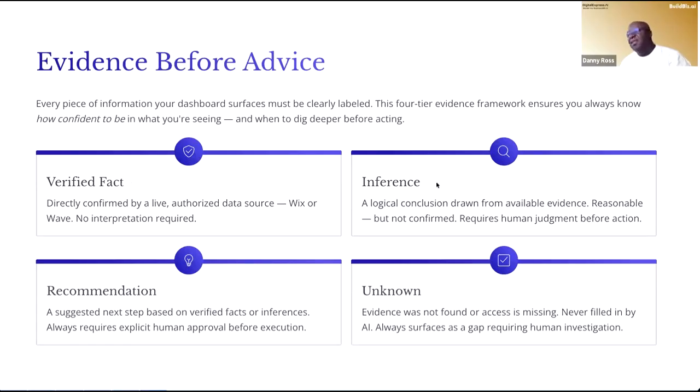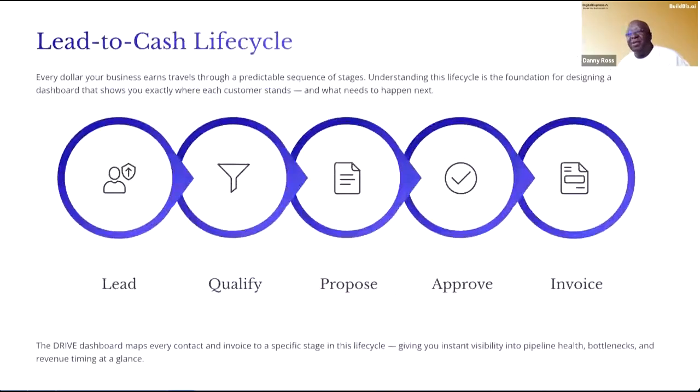This is a fact. Then it can make an inference, a logical conclusion, if you will, give a recommendation. And then if it is something that it is not 100% sure of, it's not a fact, and it hasn't made that logical leap in inference, you just want it to be presented as unknown. You don't want it to make things up. That's the key difference. All right, let's keep rocking and rolling here.